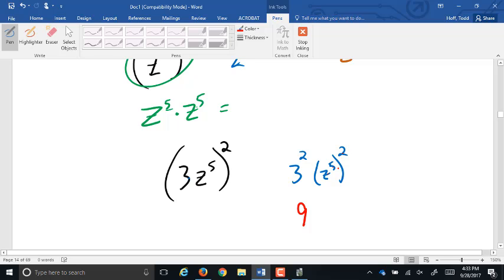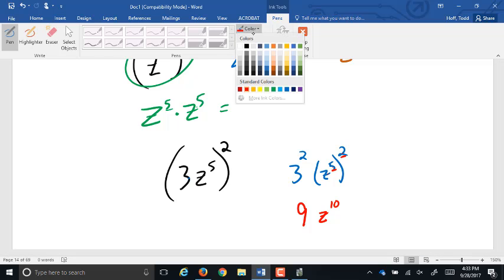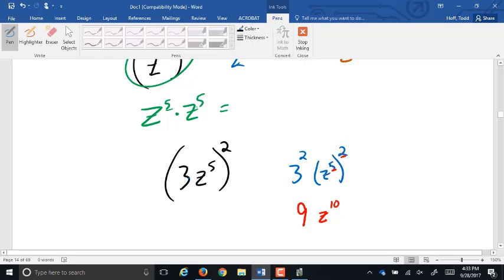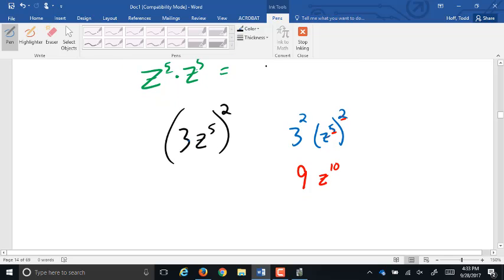Z to the 5th squared is z to the 5th times z to the 5th, or z to the 10th. And the shortcut is just to multiply the powers on the variables. Okay. And we will spend more time working with those variables again before we get to another test. Don't worry.